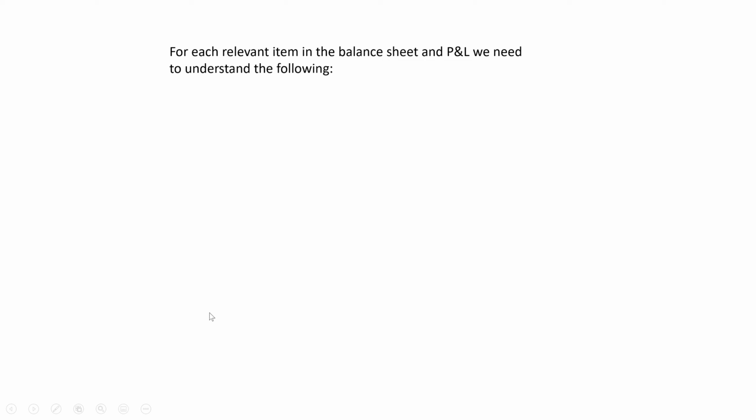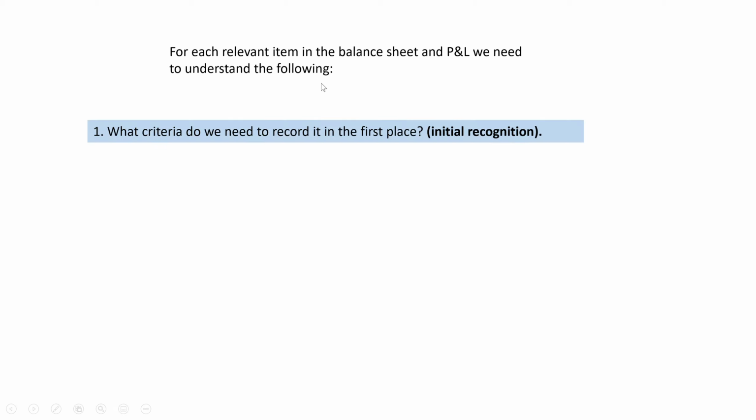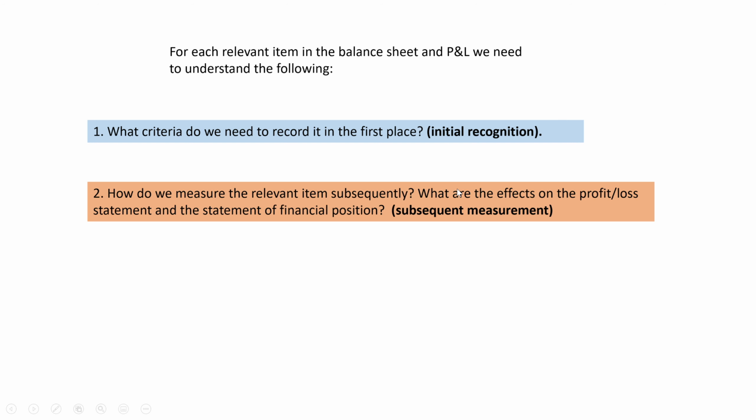Now, the way I think about financial reporting and accounting is, in order to be able to explain the accounting treatment, we need to understand the following. We have to understand what criteria we need to recognize a particular item in the first place. To record something in the first place, we call the initial recognition point. Recognize is another word for saying record. We then have to consider how we measure the relevant item, say if it's an asset, how we measure it subsequently.